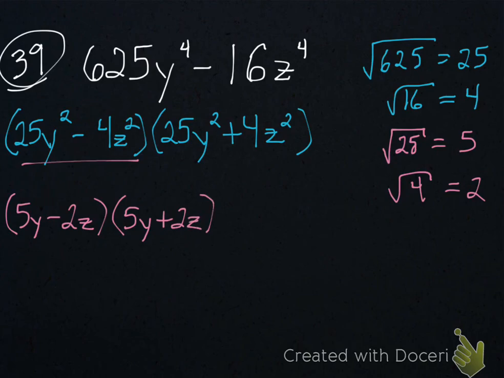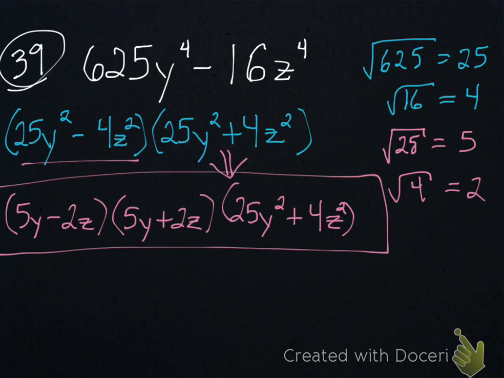Notice the 5y's are at the front, the 2z's are at the end. One sign is plus, one sign is minus. I still have to bring down the other factor, 25y squared plus 4z squared. This is my factored form for number 39. And this concludes the practice problems for this lesson.